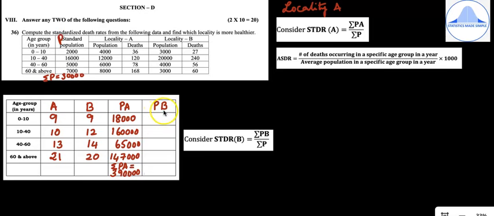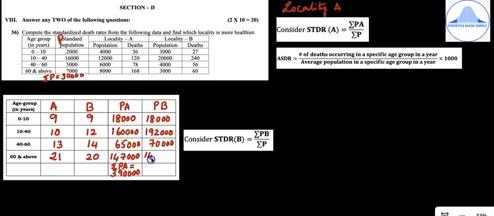Next, find out PB. How do you calculate PB? It will be 9 into the standard population, which is 2000. So, again, we get 18,000. Next will be 12 into 16,000, which is 1,92,000. The next calculation is 70,000.